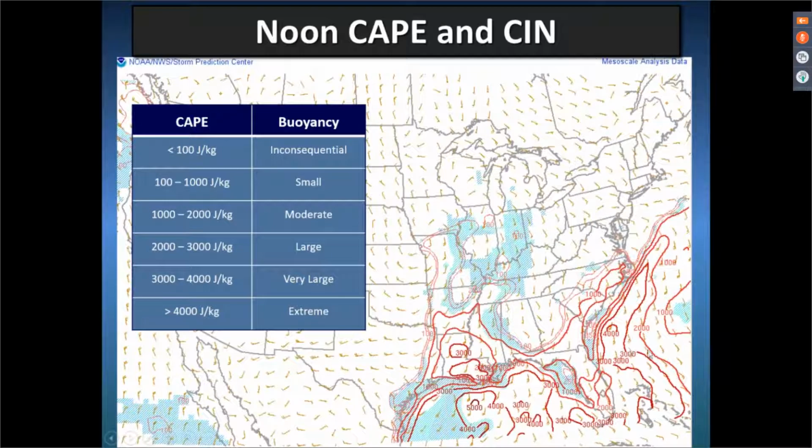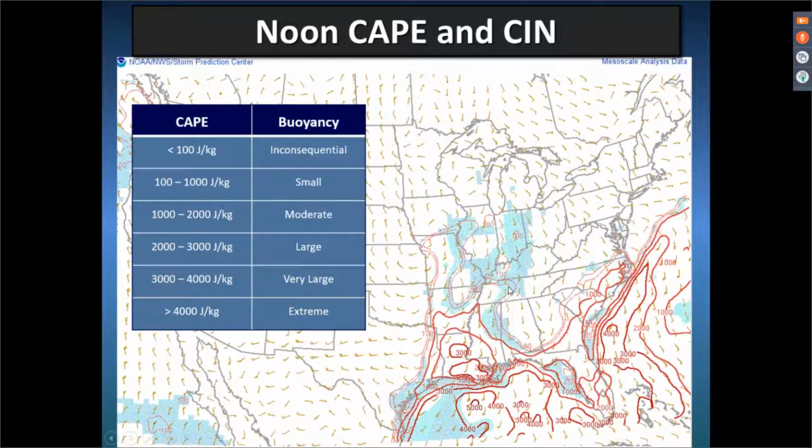All right. So as we move into the middle of the day, here's the SPC mesoanalysis. Looking down here in the Gulf of Mexico, you can see all this instability is starting to move to the north. So it's starting to spread across Louisiana, up Mississippi. You can see it nosing up towards Memphis here and up into southern Arkansas. So we've got 1,000 CAPE starting to reach up into West Tennessee.